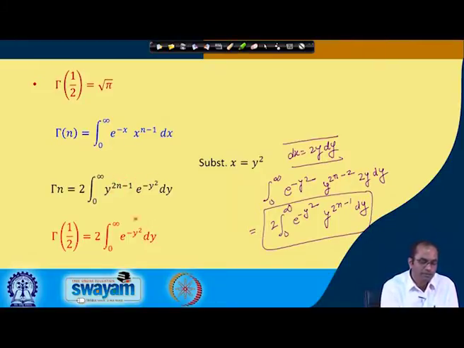So, we have e power minus y square dy, and this is a well known integral which we will also evaluate when we talk about the double integral later on.